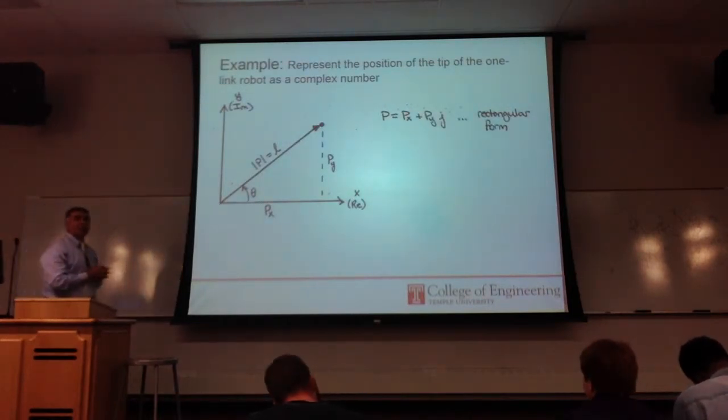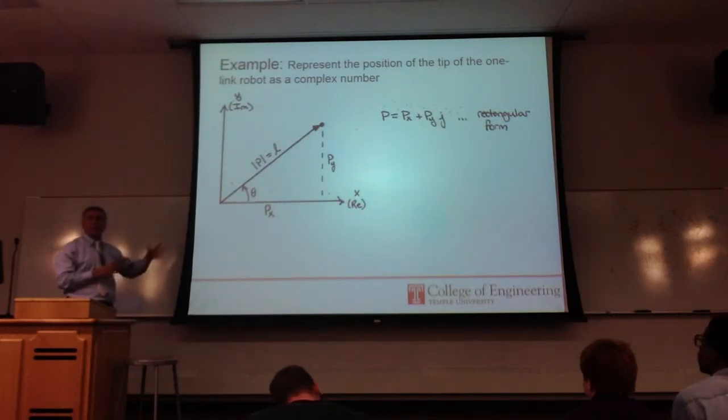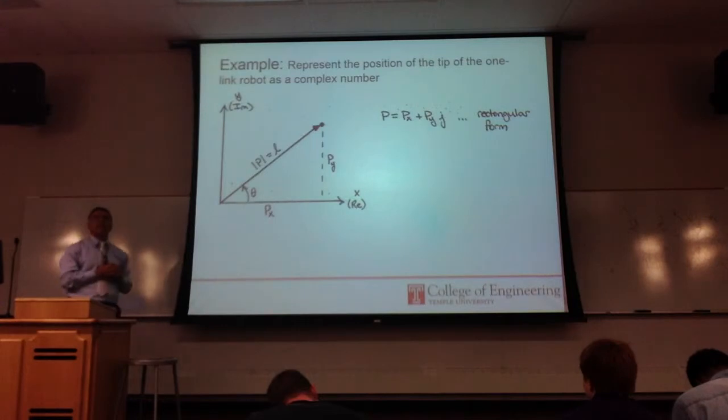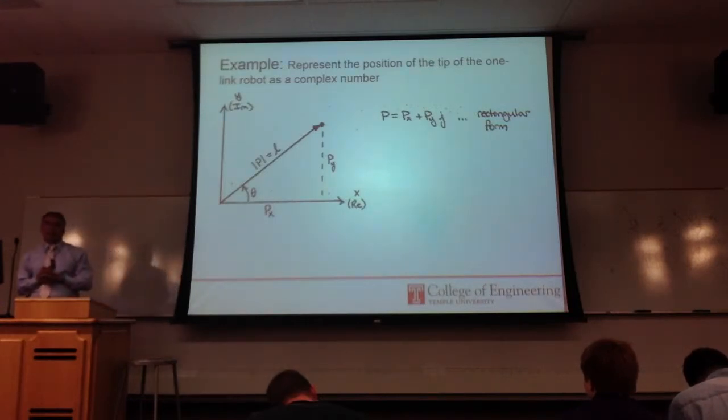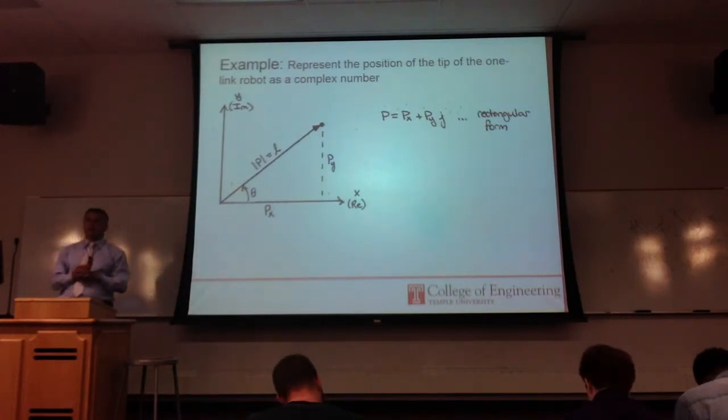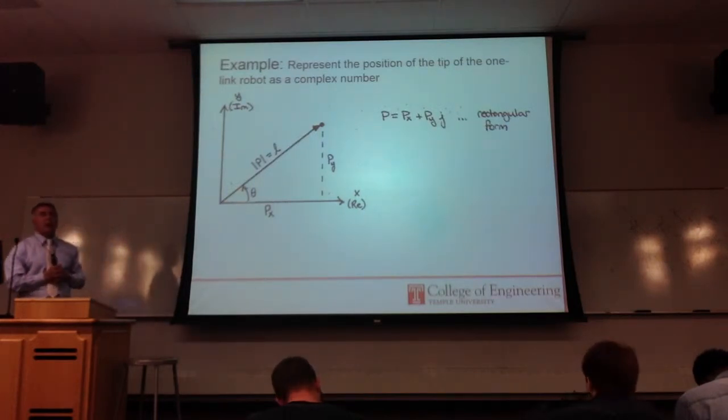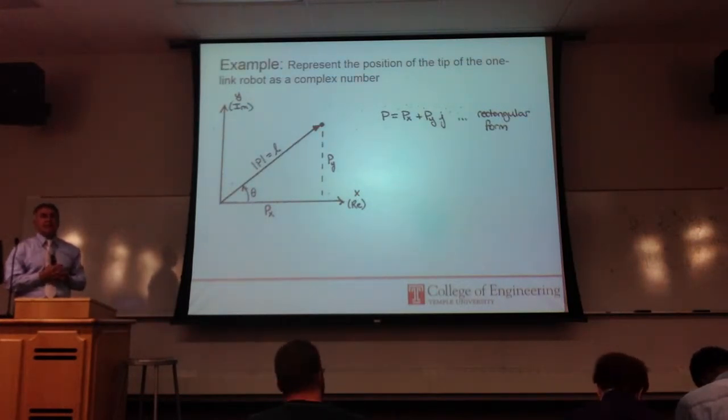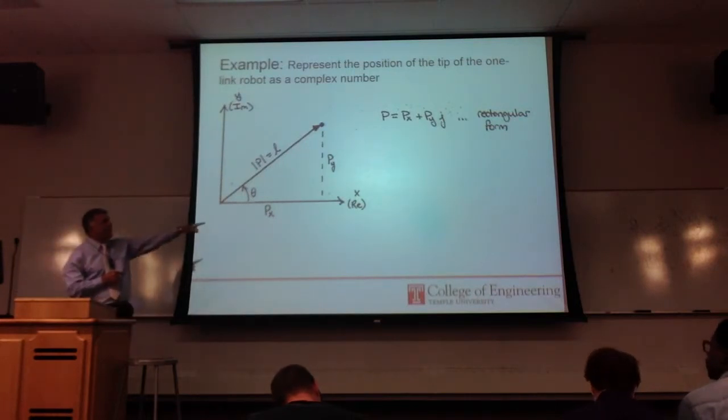If you notice, on the y-axis, I have defined it as an imaginary axis. So from now on, when we are dealing with complex numbers, the y-axis is our imaginary axis, and the real axis is the x-axis, right there.